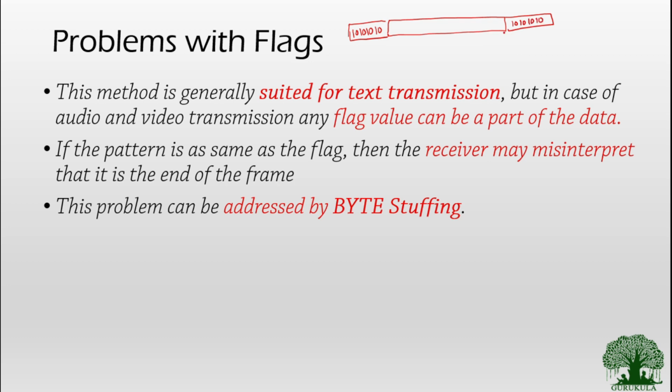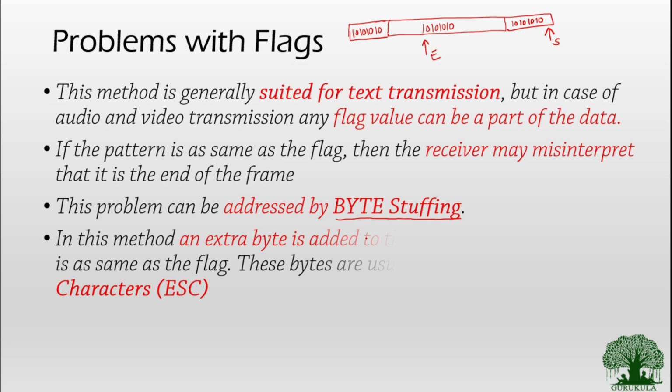There are quite a lot of possibilities that this similar flag may appear as part of the data as well, so that the receiving system may misinterpret it as the start or the end of the frame. This may happen when we transmit flags as such. In order to overcome this drawback, we add another byte of data. That process is what we call byte stuffing.